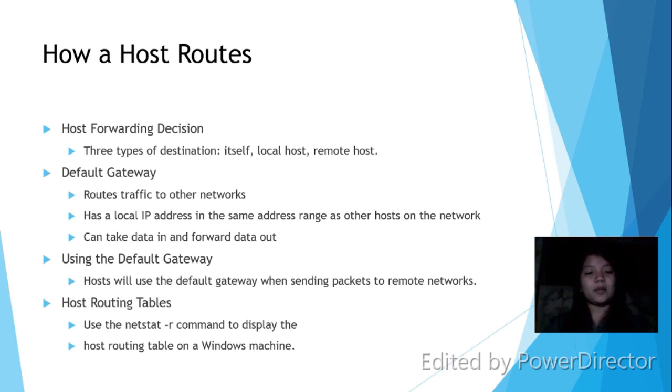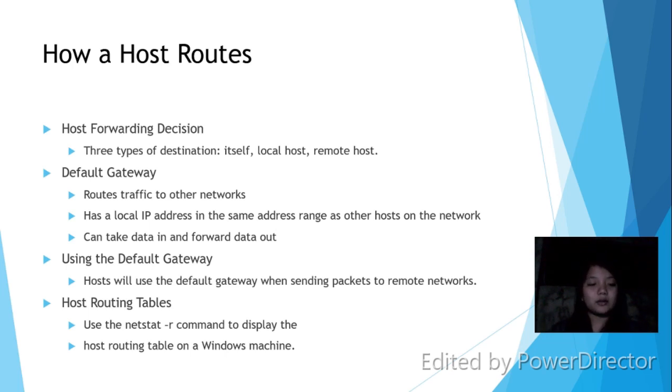It has a local IP address in the same address range as other hosts on the network. It can take data in and forward data out. Hosts will use the default gateway when sending packets to remote networks.